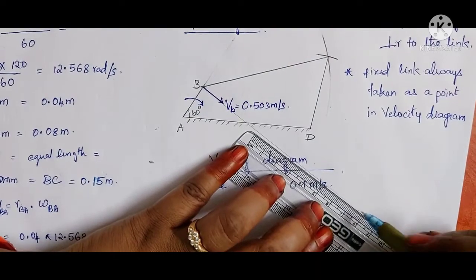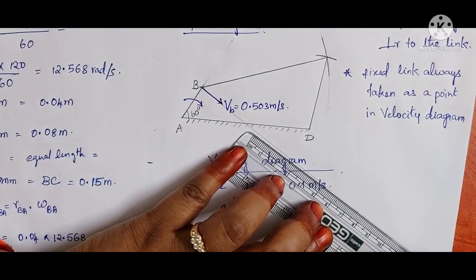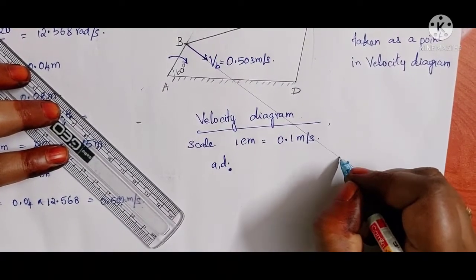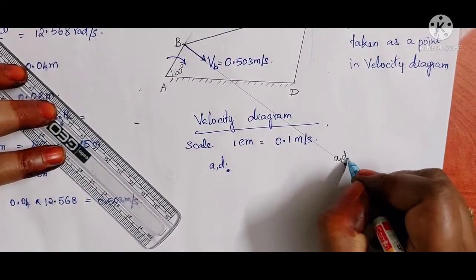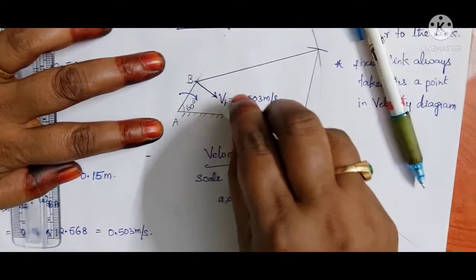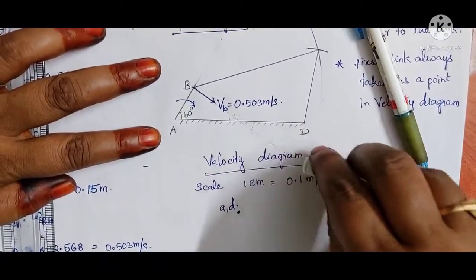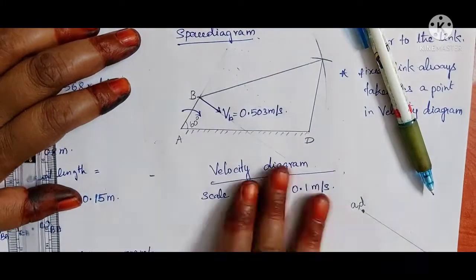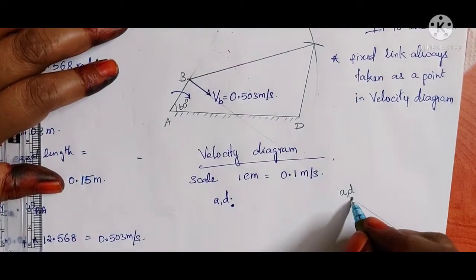I am dragging in a light manner and then marking this particular fixed link A, D. I have already taken the scales, and now I am erasing the excess lines.